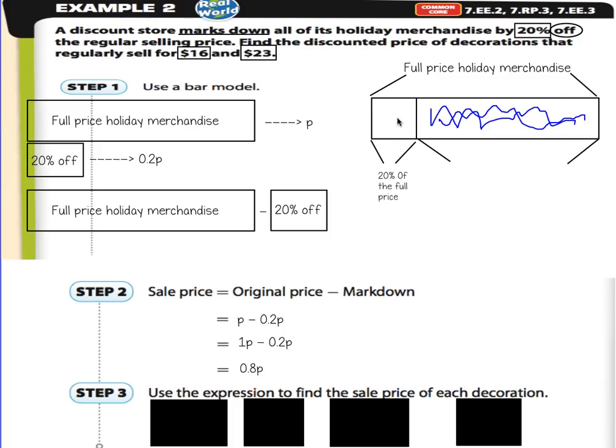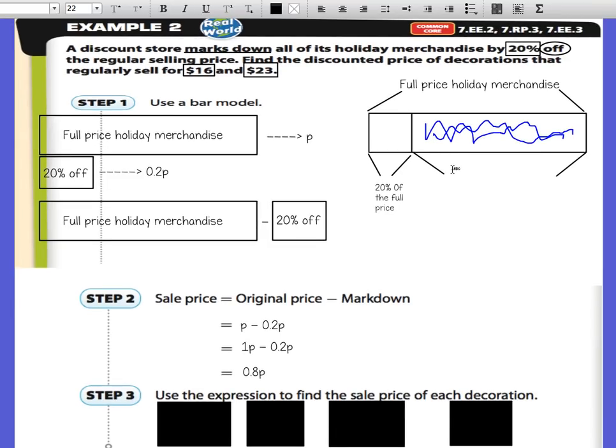So up here, this is 2/10, so what's left up here is 8/10. So what's left here is you either have P minus 2/10 times P, or your second expression, which is you can take 8/10 and multiply it by P.